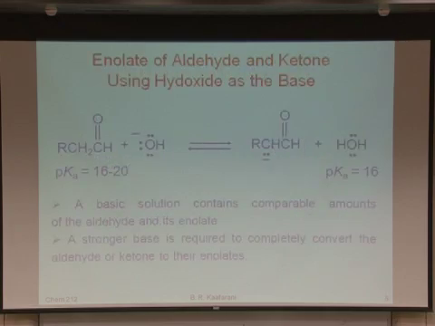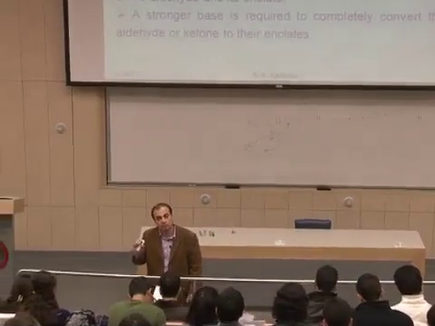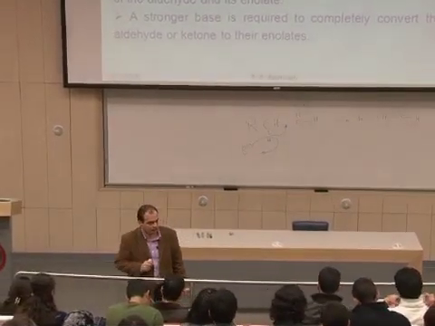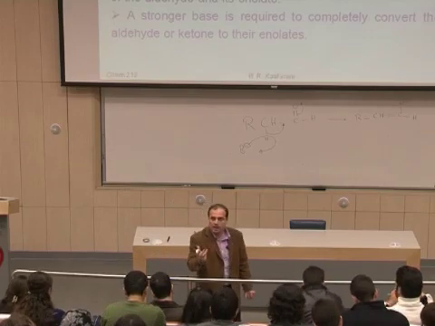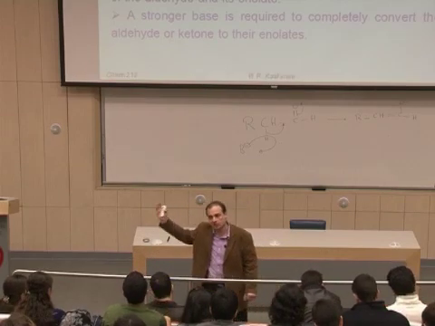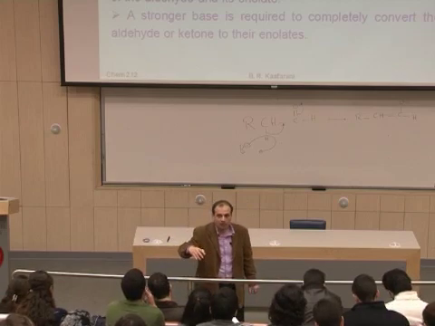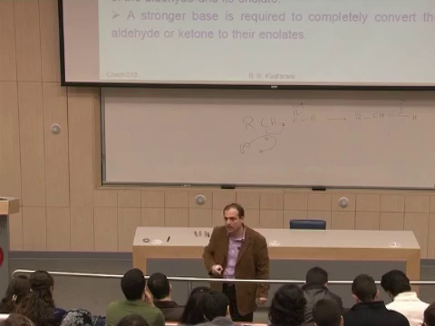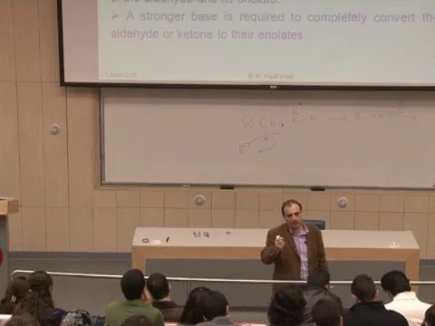Now, if you have an aldehyde and you add a hydroxide ion, sodium hydroxide, you will be able to generate the enolate. More importantly, what you are going to have in the reaction mixture is 50% of the enolate and 50% of the aldehyde. In other words, you will be able to have a nucleophilic attack.